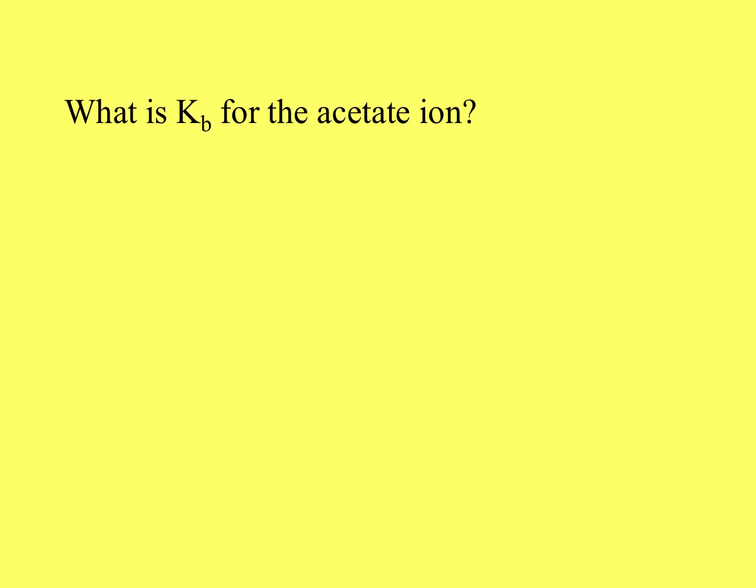Okay, and Kb for the acetate ion. Remember your ion here would be CH3CO2 negative. So we need to look up what the Ka for acetic acid is, because that's the conjugate acid.